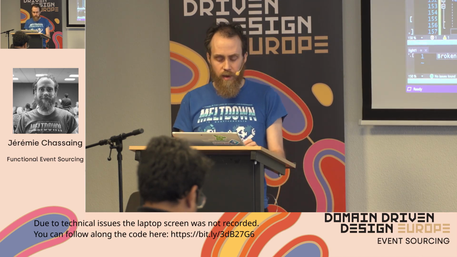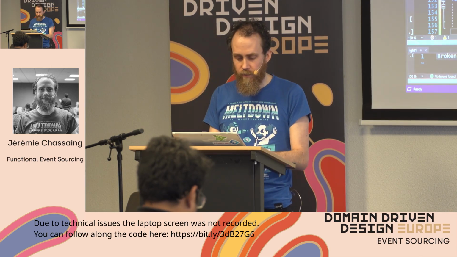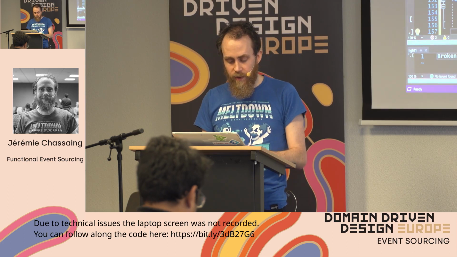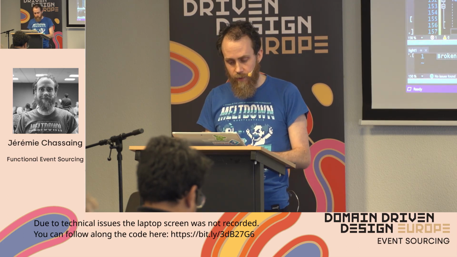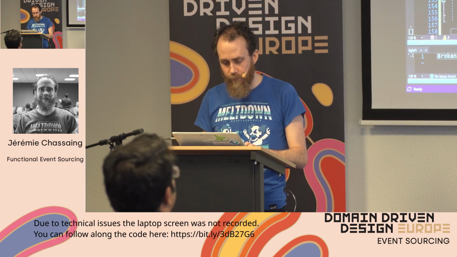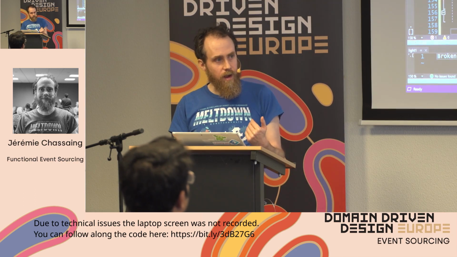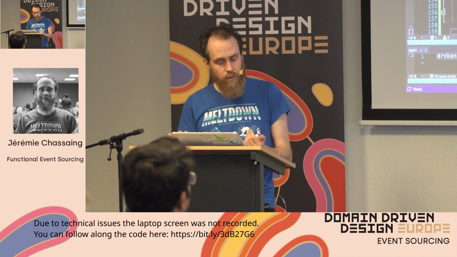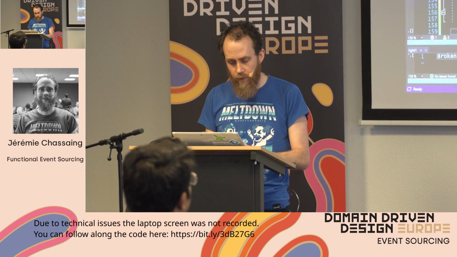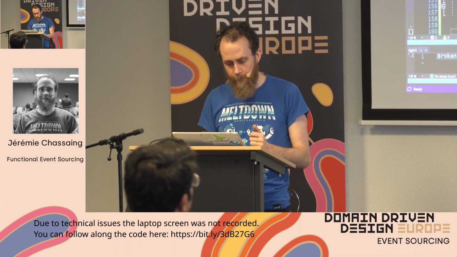My events will be the result of my decision function: decide with my command and my current state. And after that, from here, I can just save my events: store.save name events. Great.